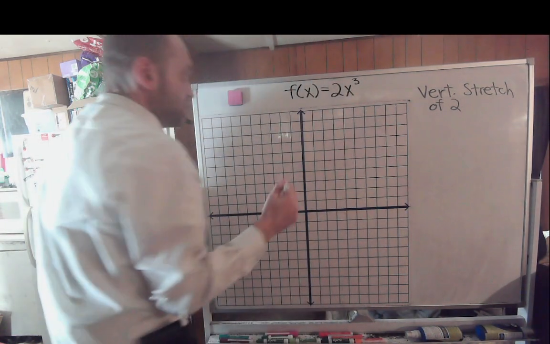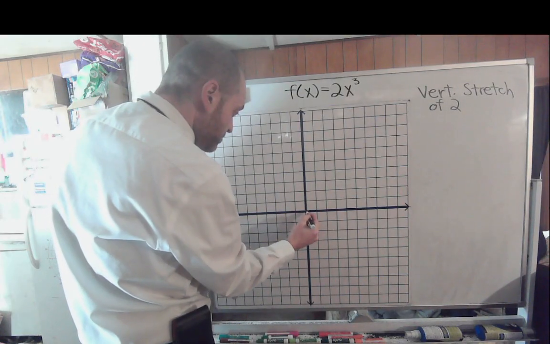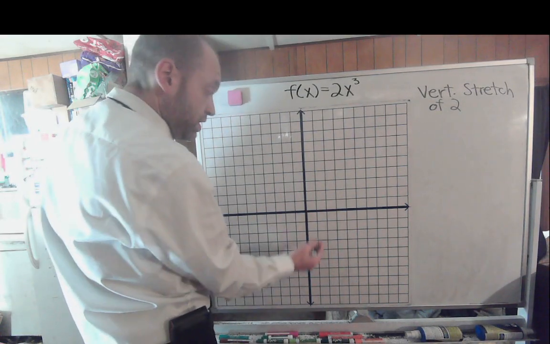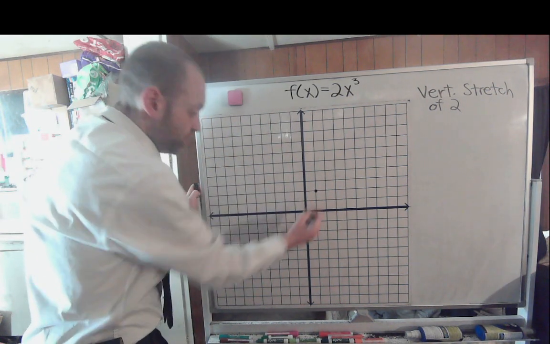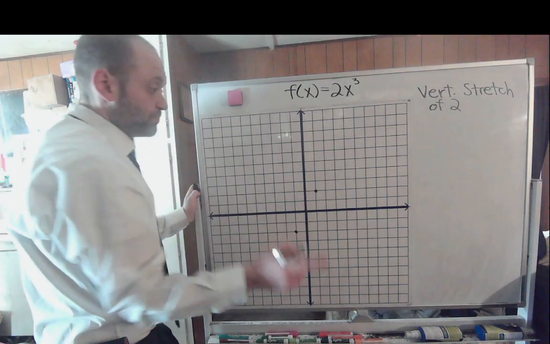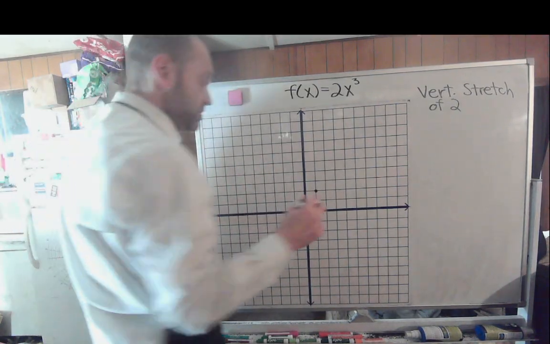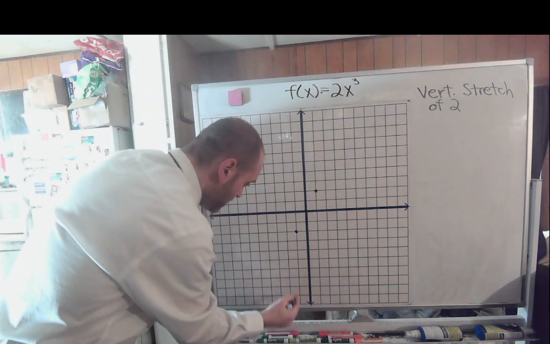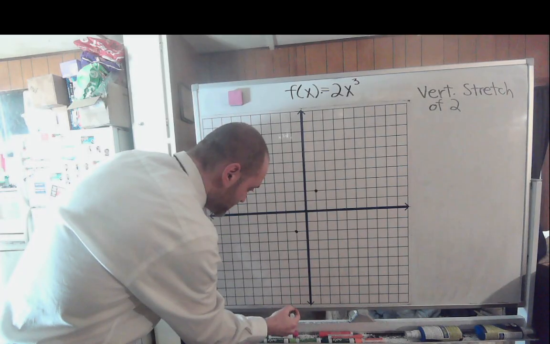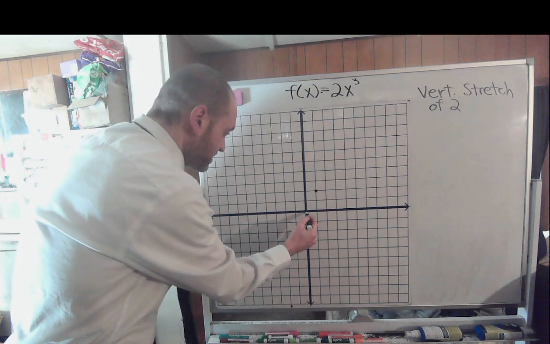So let's draw this. So when x is 0, you still get 0. Now when x is 1, you get a y value of 2. When x is negative 1, you get a y value of negative 2. When x is 2, 2 times 8 is 16. That's going to be somewhere all the way up here. And same with when x is negative 2, I'll be down to negative 16.